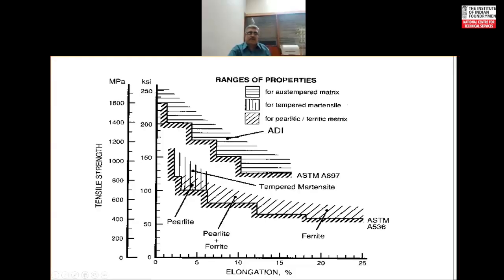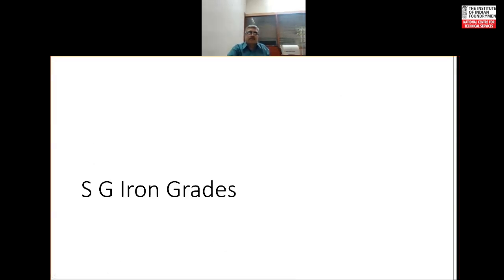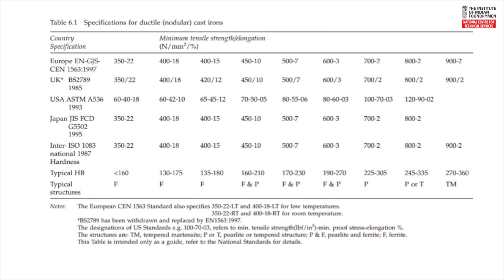And as you go towards pearlitic microstructure, the strengths are even higher, but the elongation has dropped. And then in between you have this zone where you have tempered martensite, and then you get into ADI. So this covers the microstructures of various types of ductile irons.